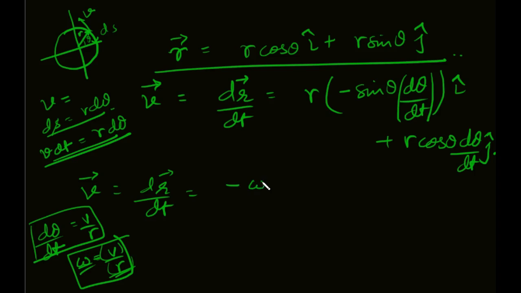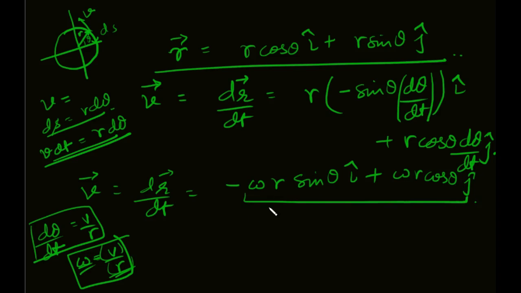So v equal to minus omega r sin theta i plus omega r cos theta j. This is the equation. We take the omega r out and we have minus sin theta i plus cos theta j. Alright.